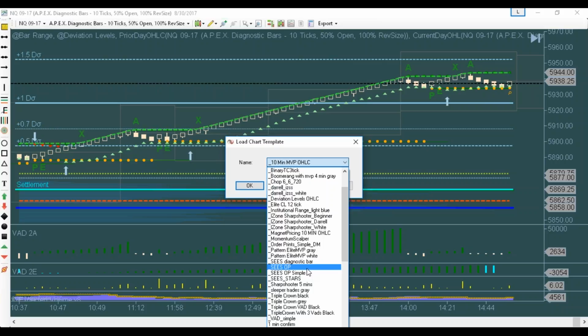Okay, this has all the stuff you need on it. The C's OP simple is the same template that's in the elite room that's cleaned up a little bit just to make it easier to see on those cameras. That doesn't have all of this stuff on it. That's just for the power plays mainly. There's a few other C's trades you could take off it, but if you want to have it all, you'd want to use the C's OP.